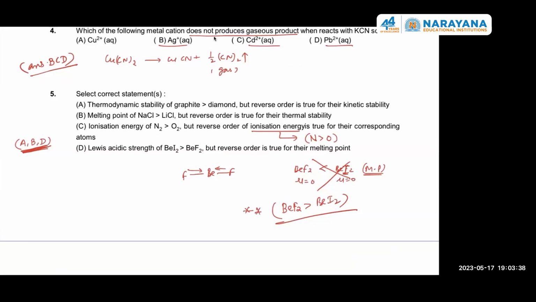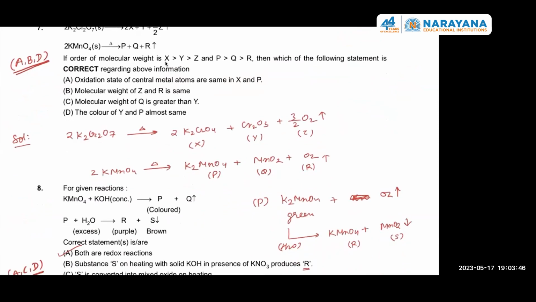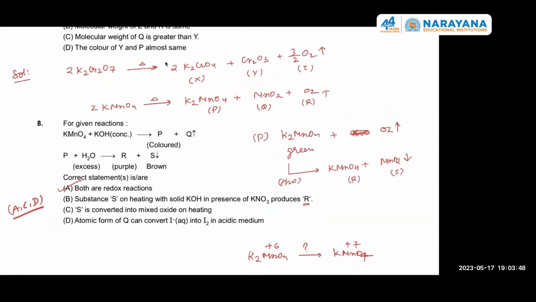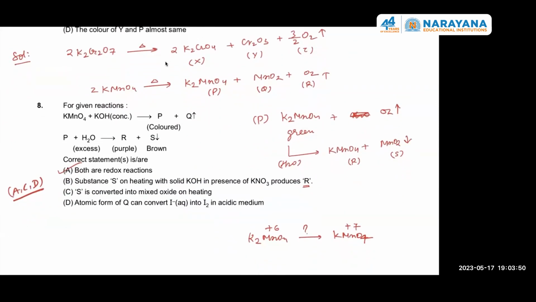Question 8, second option. Okay, Raghav. See, substance S on heating, the substance S is MnO2. With solid KOH, it can convert into K2MnO4, but that K2MnO4 cannot be further oxidized into KMnO4 in the presence of KNO3.